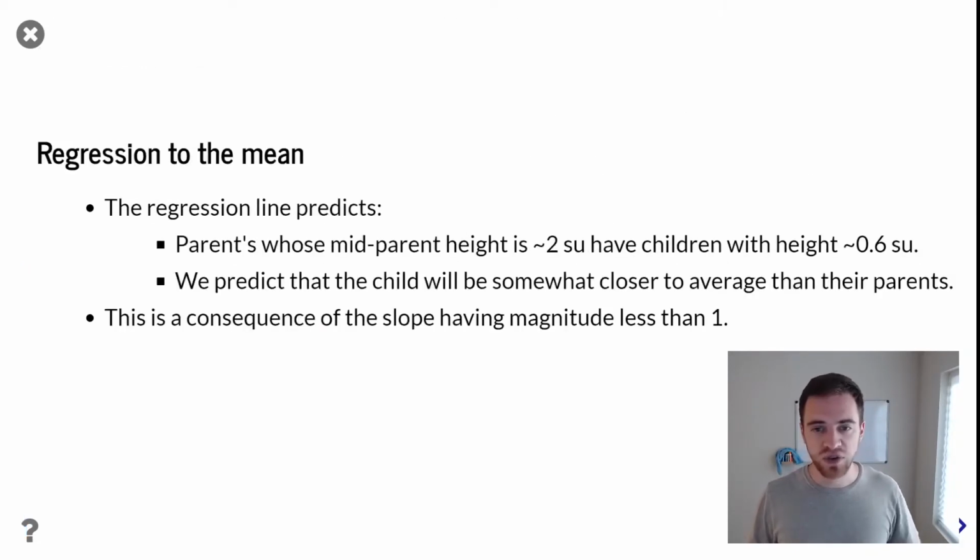Since the correlation coefficient is like 0.4, I'm always reducing the mid-parent height to come up with the child height. If the mid-parent height is 2, then I multiply it by 0.4. I get something like 0.8. If the mid-parent height is -2, then I get -0.8. Both of them are regressing towards the mean, towards 0. So that's what the phrase regression to the mean actually means. It means that things become less extreme over time.